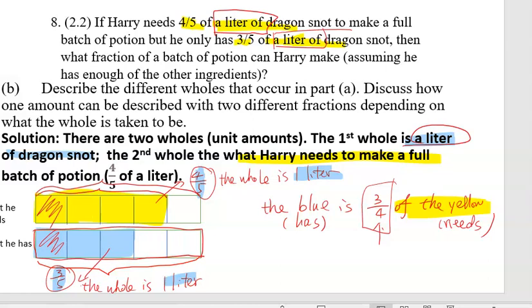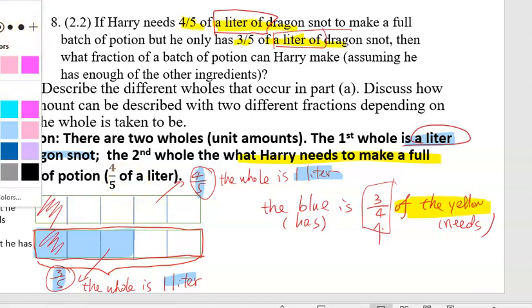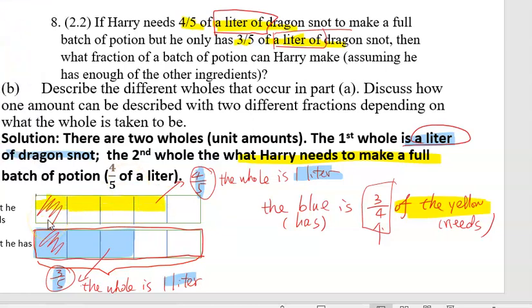So as you can see, if you look at the blue part, it can be described as 3/5 of 1 liter.